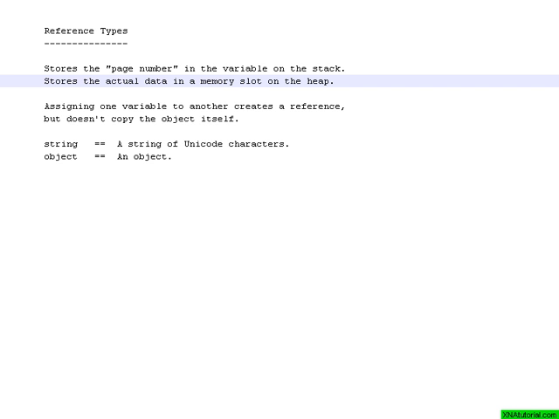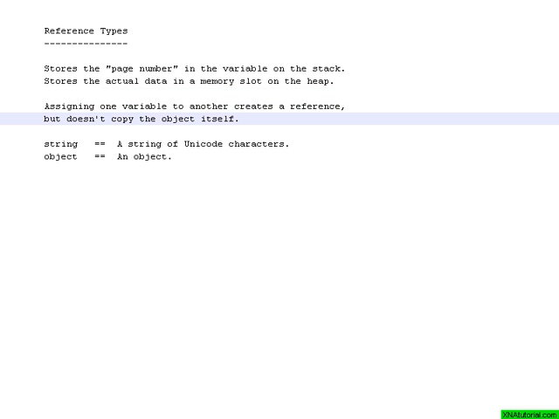But when you assign one variable to another, it doesn't copy the actual data which is on the heap. It just takes the page number on the stack, makes a copy of that page number, and then you have two references that point to the same memory slot on the heap.